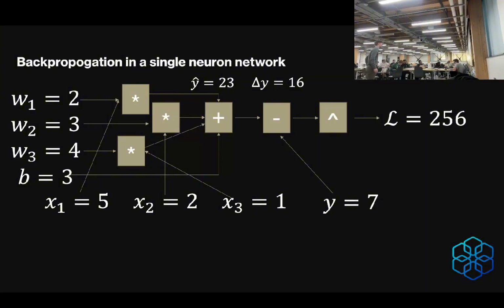Now your goal is to propagate the gradients backwards, do backpropagation. I already calculated the loss. It's 256, because when you multiply the weights by the input and add the bias, that's what you're going to get. So the goal is to get the gradients for W1, W2, W3, and B. You don't need to calculate the gradients for inputs because we don't update them.